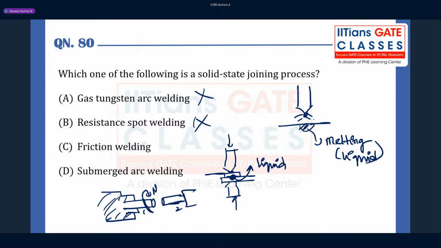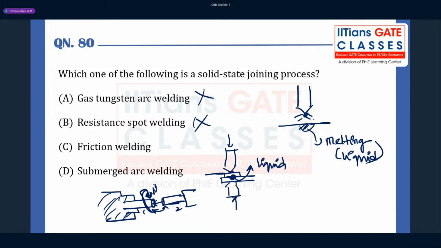First you rotate it, and then while rotating, you touch this with this. Because of the friction between 1 and 2, there is some softening happening between 1 and 2. You will not wait till it melts. It is semi-solid, still in solid state only.